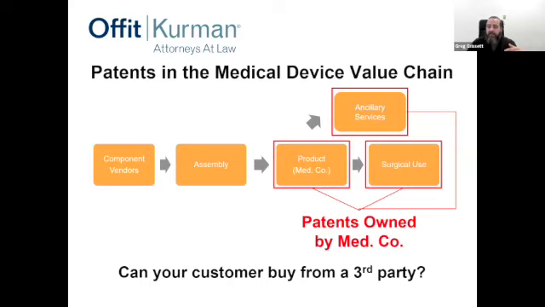As we've maybe seen in recent years, you may be developing these other things that make it attractive for a hospital system to purchase your product. Ancillary services is what I call it here. But what if you extended your patent protection to these ancillary services, to the product, and then to the surgical use? We do benefit from being able to claim surgical methods in the United States, and I would take advantage of that.